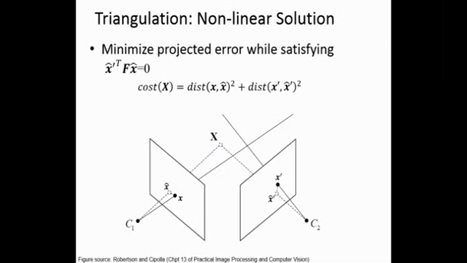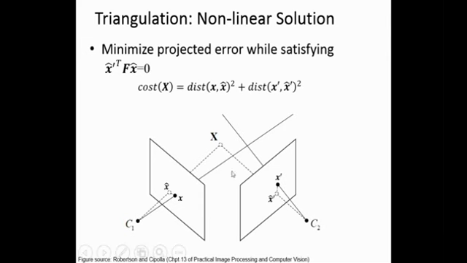So in practice, you might initialize by triangulation, but you really want to minimize the reprojection error while satisfying the epipolar constraint between the pair of images, if you're solving for two images, or otherwise just minimize the reprojection error.